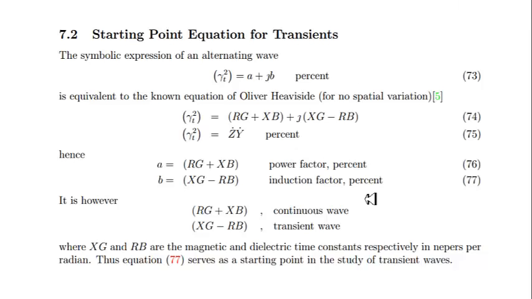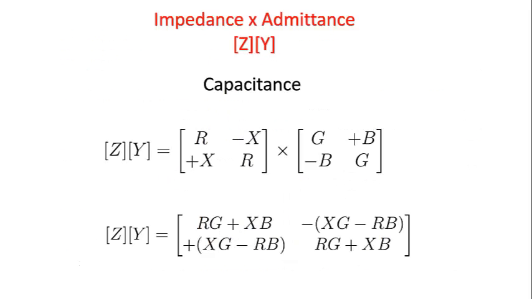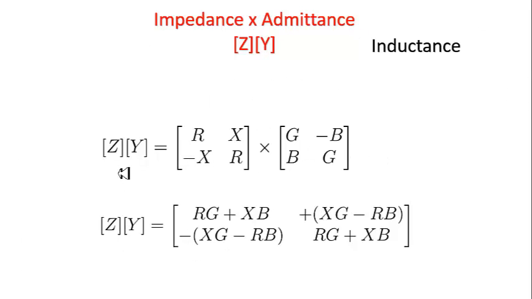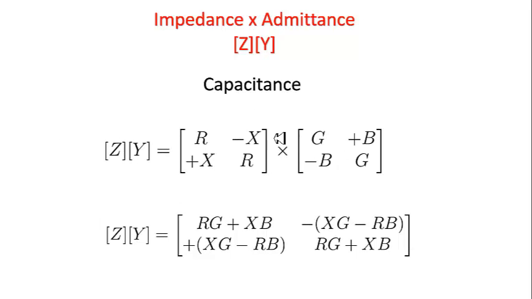But what about the capacitive factor? Well, I'm not going to do the multiplication. I'm going to show you the results of the multiplication, and intuitively. So here is the equation Z times Y with the inductive reactance and the inductive susceptance, and here is the equation in terms of capacitance, and this is the capacitive reactance, and this is the capacitive susceptance.